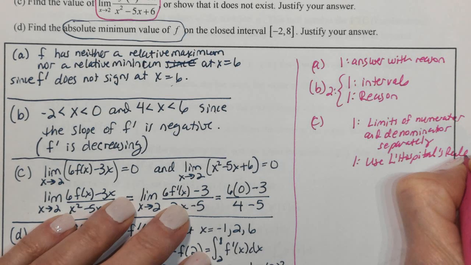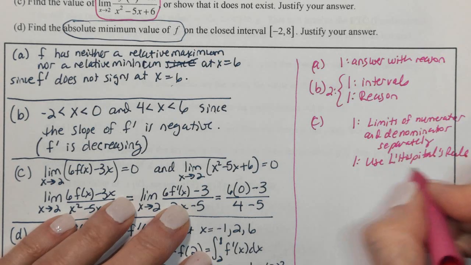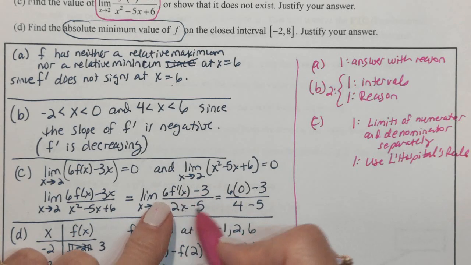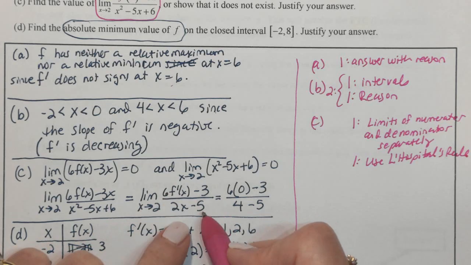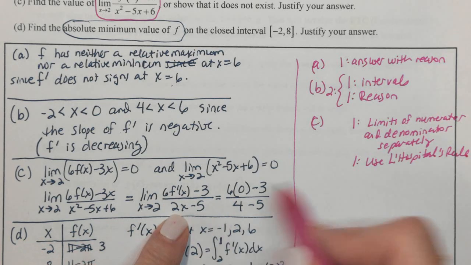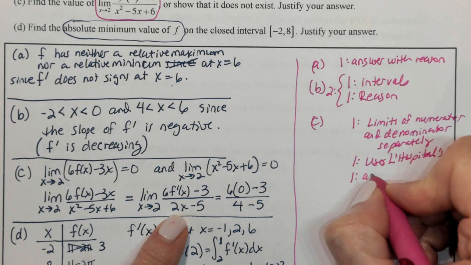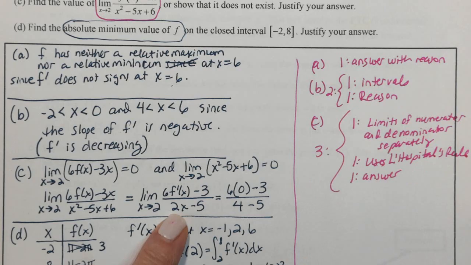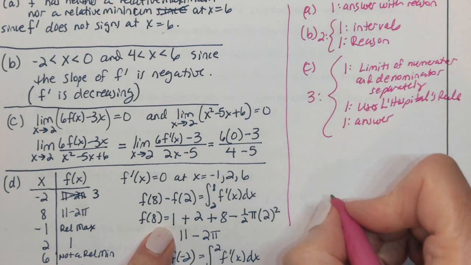Okay. And they clarified that when you use L'Hopital's rule, this had to be correct. The limit of the derivative of the numerator and the derivative of the denominator had to be correct to earn that point. And then the last point was for the answer. So 3 points for that limit. That leaves 3 points for part D.